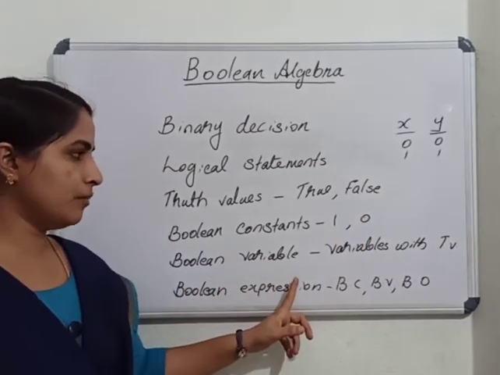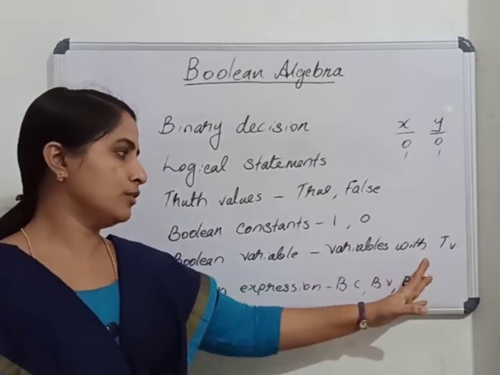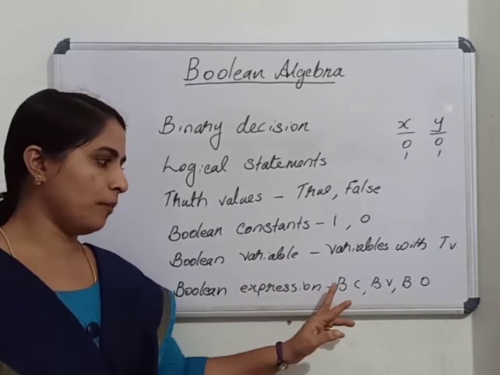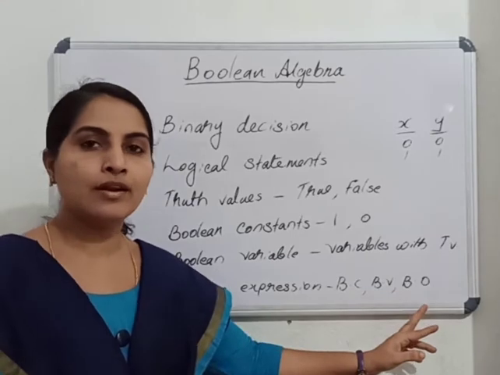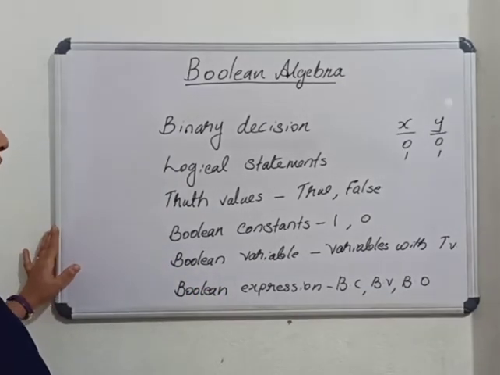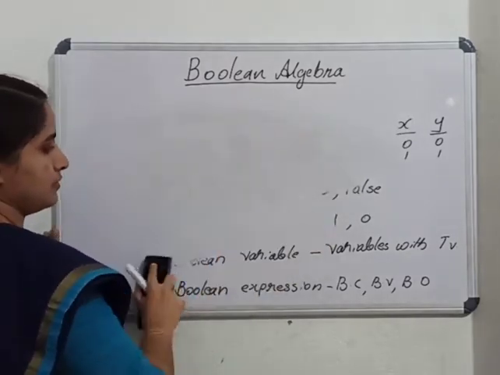Boolean variables are variables with truth values. The Boolean expression is the combination of Boolean constants, Boolean variables and Boolean operators. I think things are clear now. Next we are going to study what a truth table is.